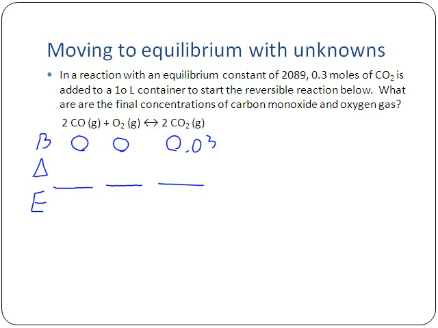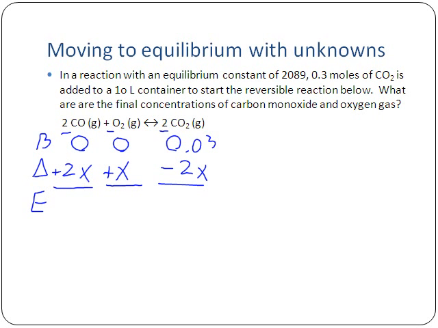So for our change here, we'll probably do the oxygen first because it's got a 1 for its coefficient. And so its change is going to be x. We're going to add x on this one. And since the mole ratio from oxygen is 1 to carbon monoxide's 2, it's a 1-to-2 ratio here. This will be 2x for this one right here. And then for our last one, our 0.03, since that's got a 2 for the coefficient, it's a 1-to-2 ratio, it'll be minus 2x.